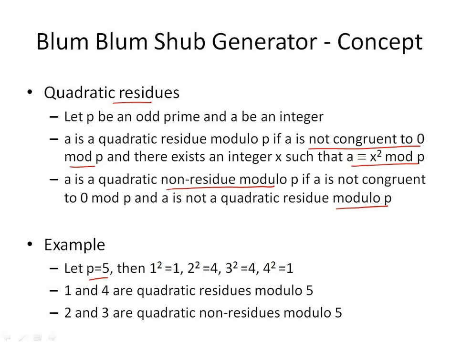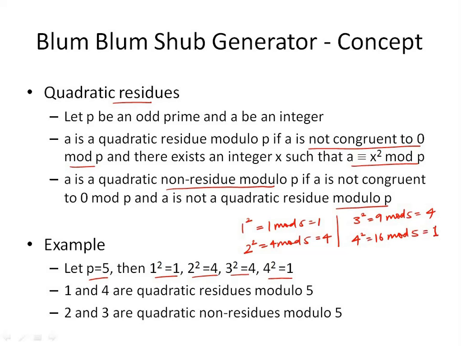Then 1 square is equal to 1 mod 5, 2 square is equal to 4, 3 square is equal to 9 mod 5, which is 4, and 4 square is equal to 16 mod 5, which is 1. In this manner we have computed the quadratic residues.